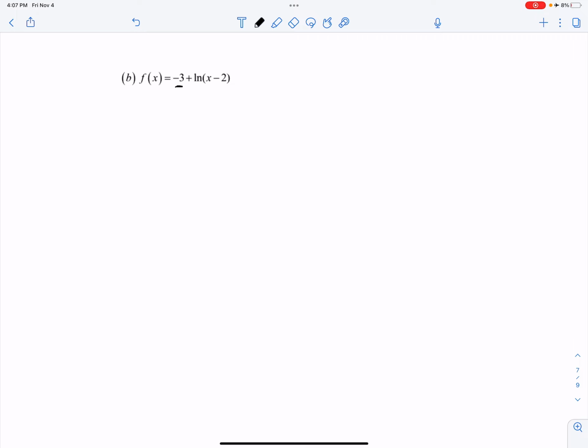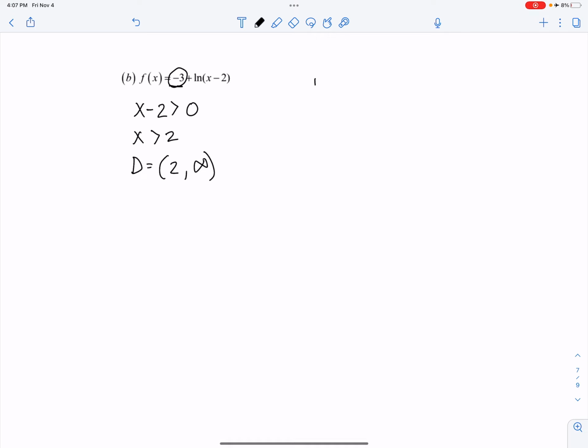First, let's find out our domain is when x minus 2 is greater than 0. And that means that x is greater than 2. Our domain is from 2 to infinity. And the other transformation is that we have moved it down by 3.